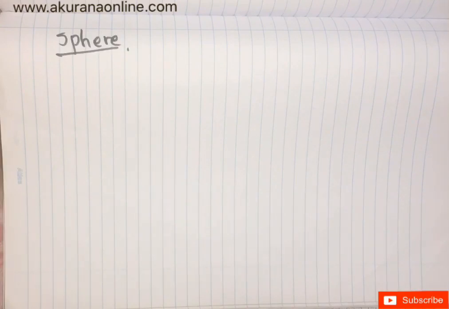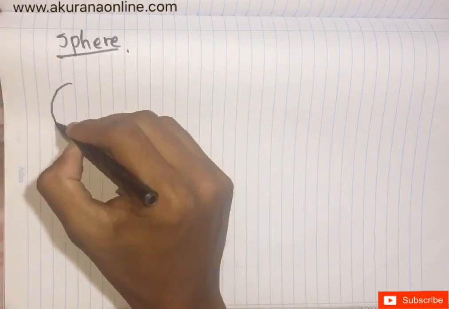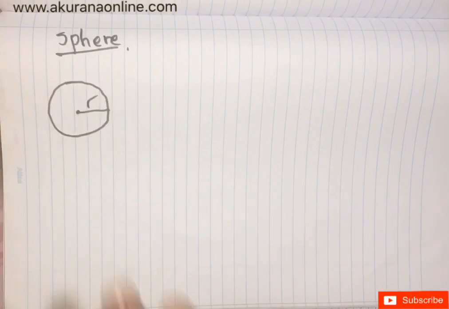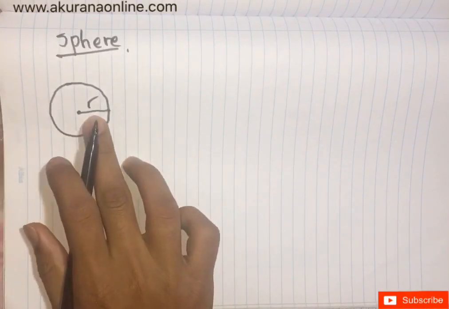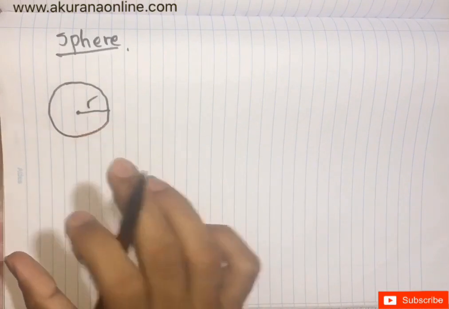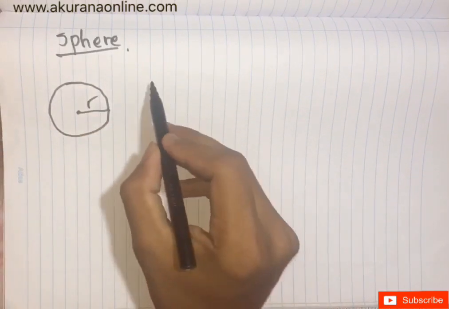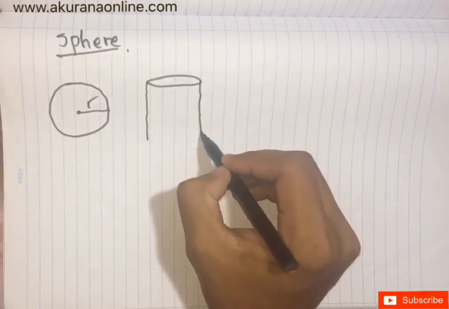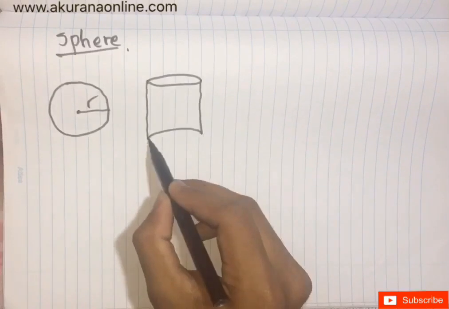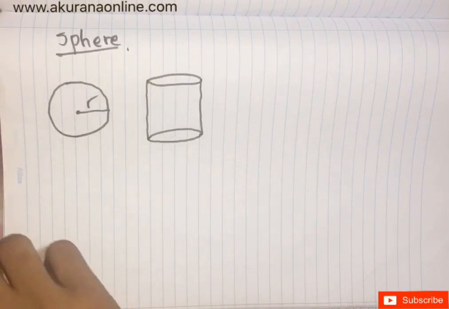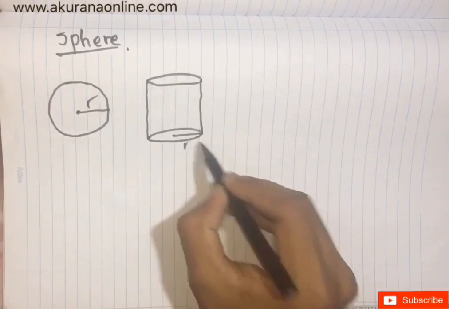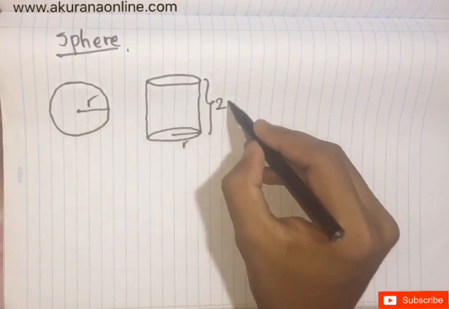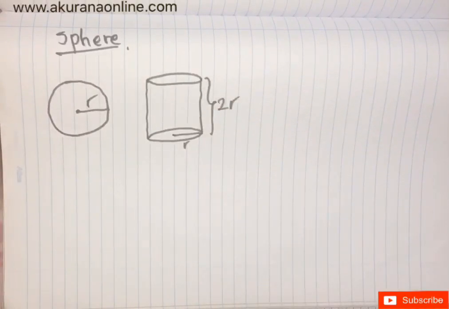Think of a cylinder with radius r, and also think about a circumscribing cylinder. A circumscribing cylinder has the same radius as the sphere, and the height is equal to the diameter of the sphere, that means twice the radius, 2r. Are you clear with that?